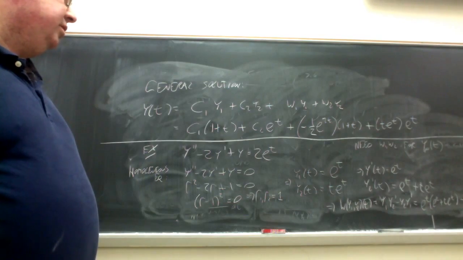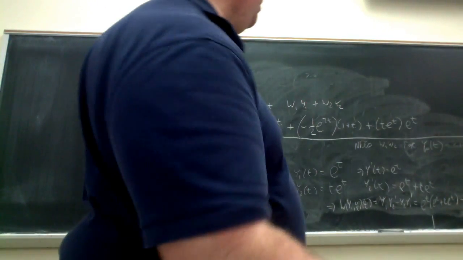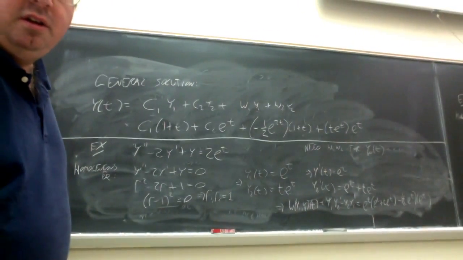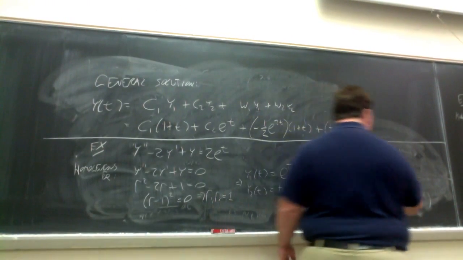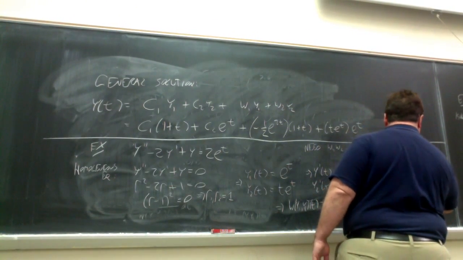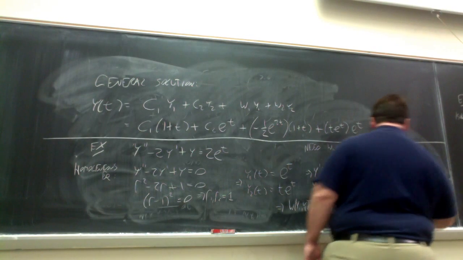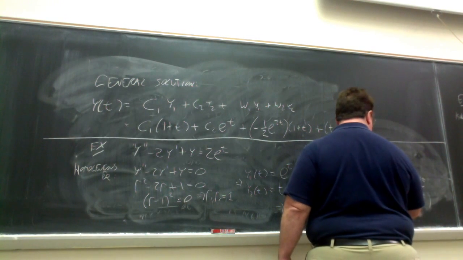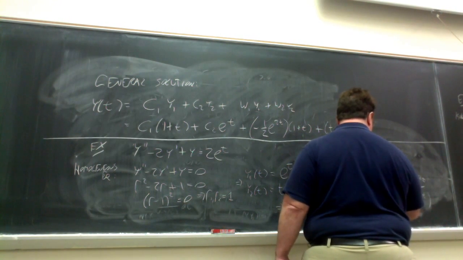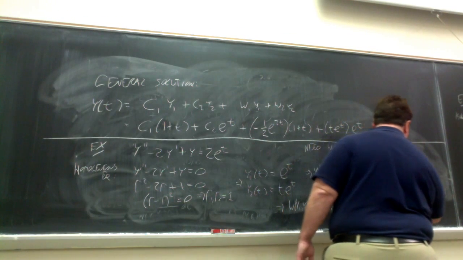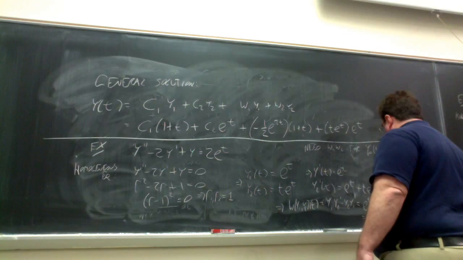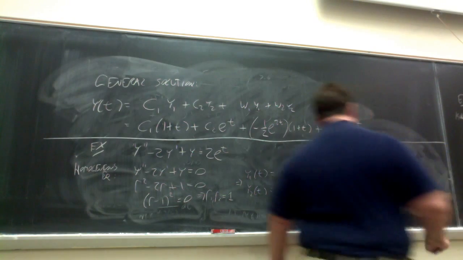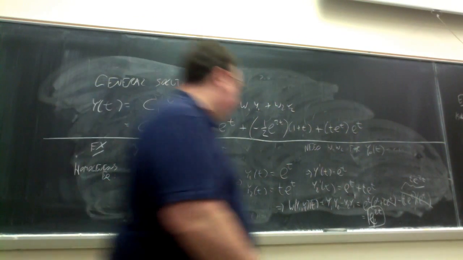What is that going to simplify to? e to the 2t. Yeah, because we have t e to the 2t over here, and then when you distribute the e to the t from here, we get this minus. So we have plus t e to the 2t. So that's going to cancel, leaving only e to the 2t. So that is our Wronskian.